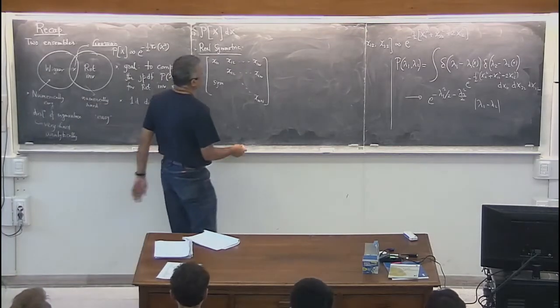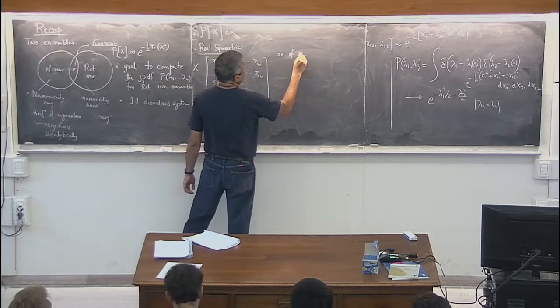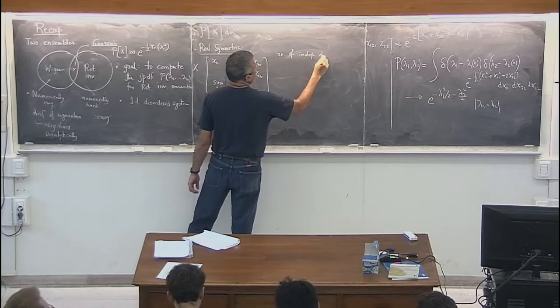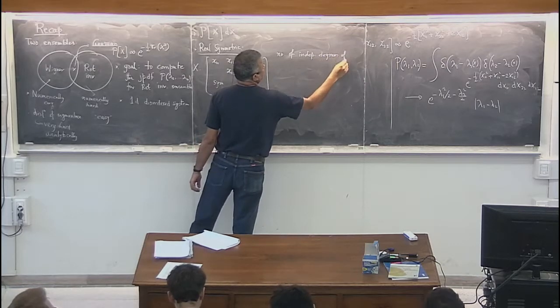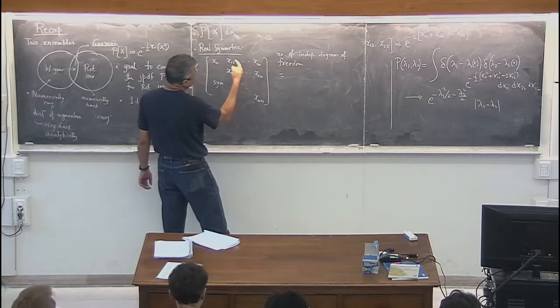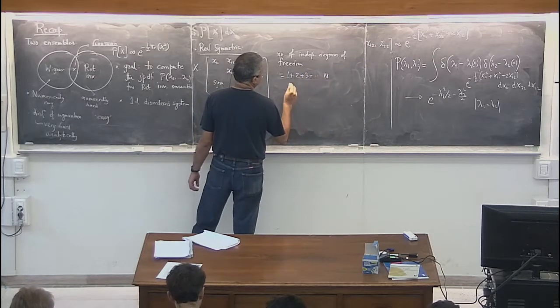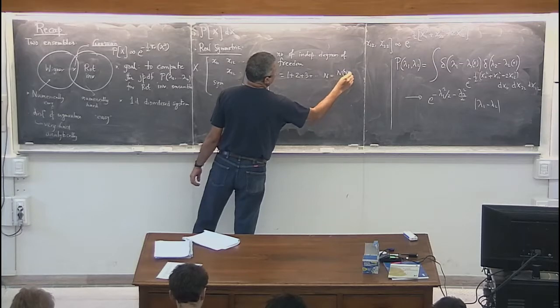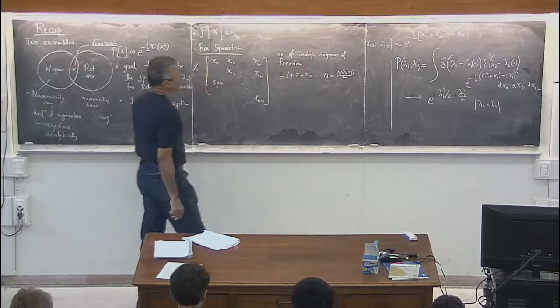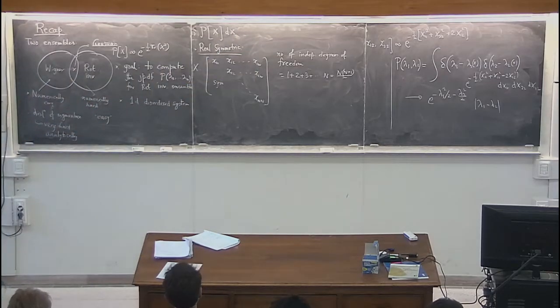In general, if I have an n by n real symmetric matrix, the number of independent degrees of freedom is just 1 plus 2 plus 3 up to n, right? So this is n into n plus 1 over 2. So these are my degrees of freedom, n into n plus 1 over 2 variables, and I want to make a change of variable to another set of n into n plus 1 over 2 variables.